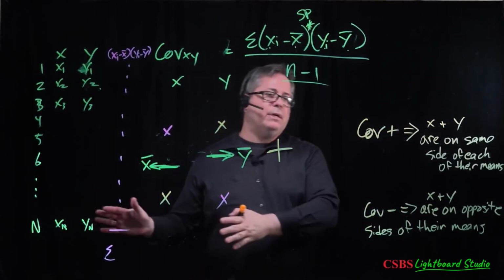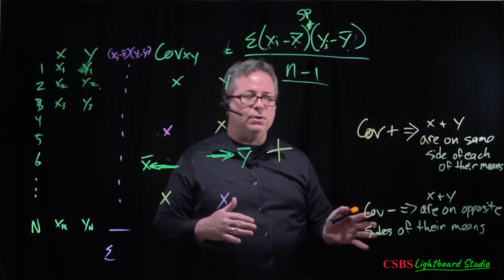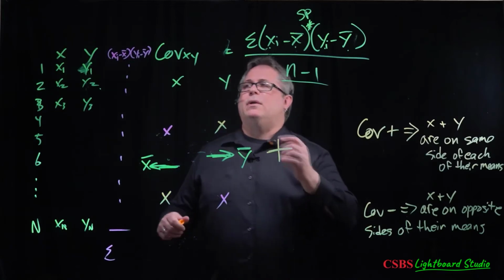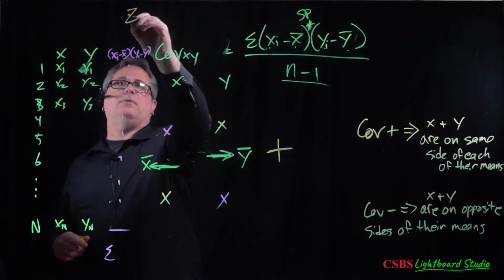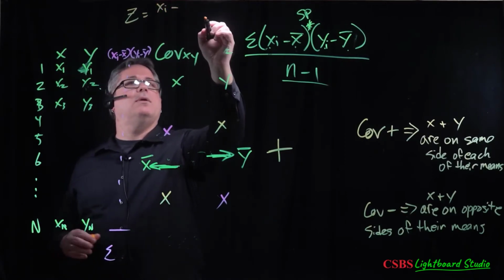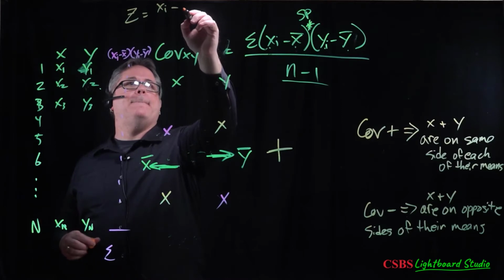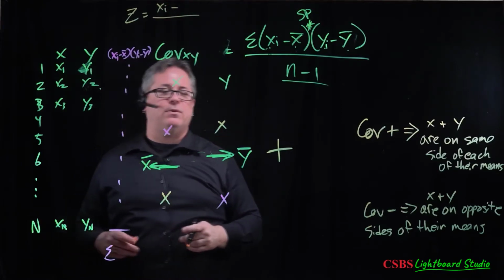If I want to turn a raw score into a z-score, I take a score, z equals some score x minus what? How do I turn raw scores into z-scores?